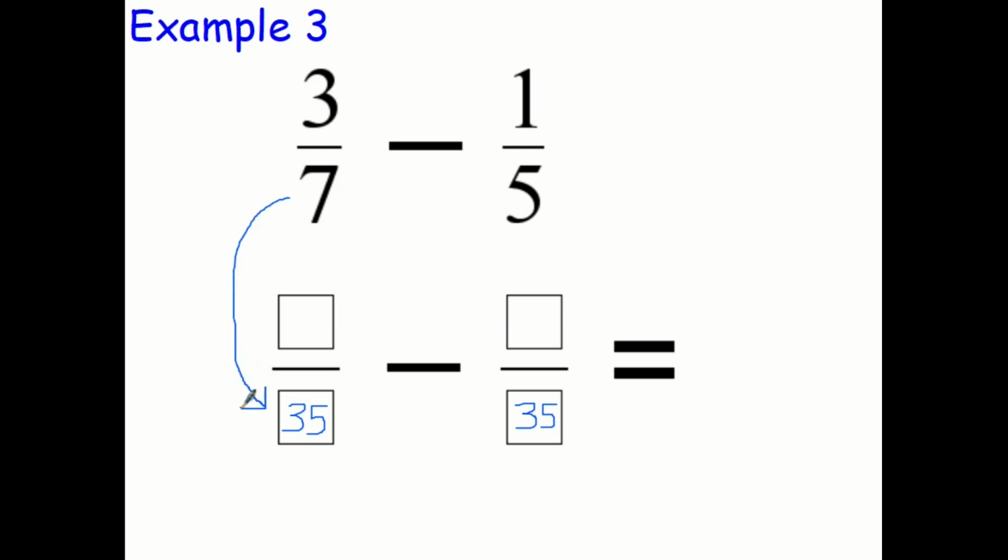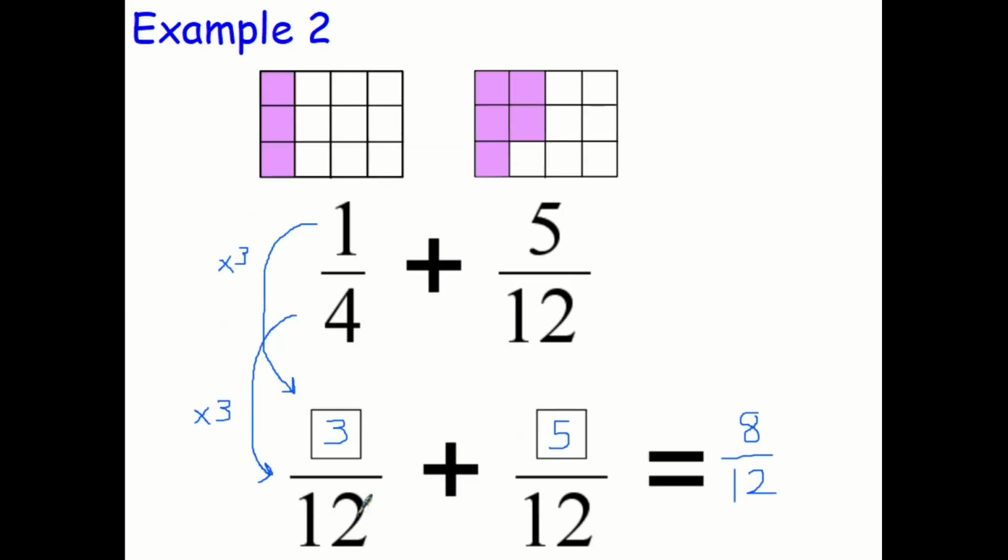But if it's a case like the previous example, let me just quickly refer back to that one. Here, I could have done 4 times 12 to give me 48, and I could have used 48 on the bottom here. But that would have just resulted in me using higher numbers.